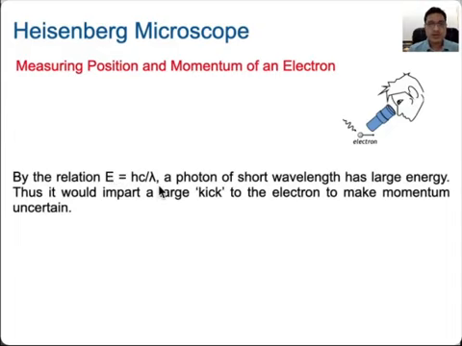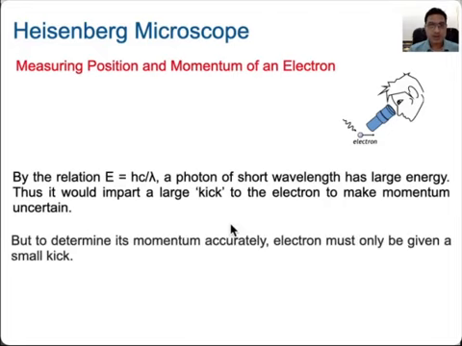So a photon of short wavelength has large energy, which implies that the energy is directly proportional to the momentum. So if your light has large energy, it will also impart a large momentum to this particle. Okay, so it will give a large kick to the electron, so as to make the momentum uncertain.